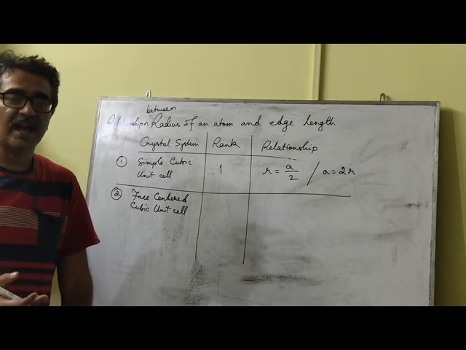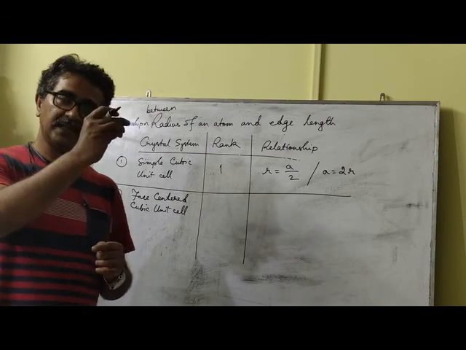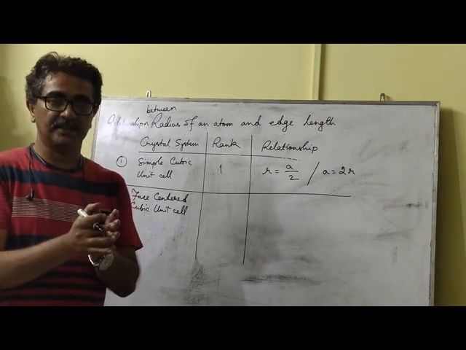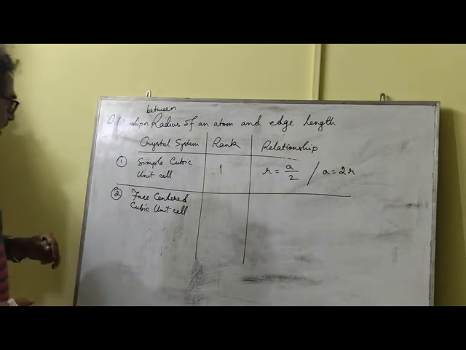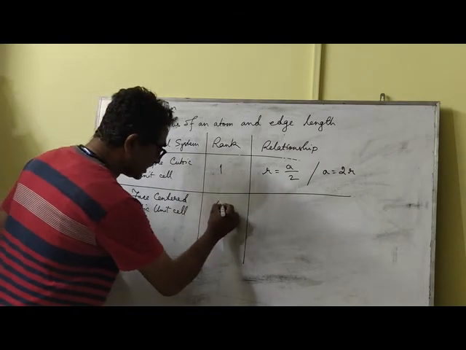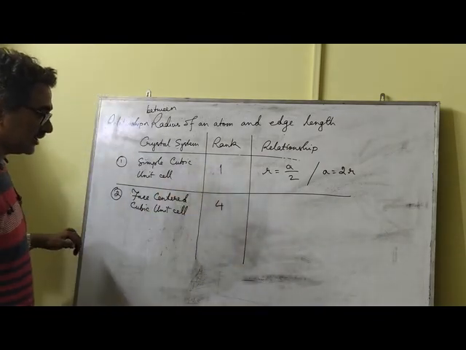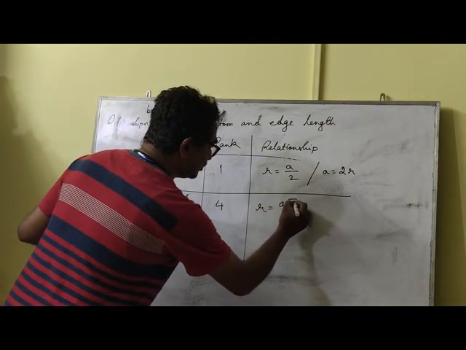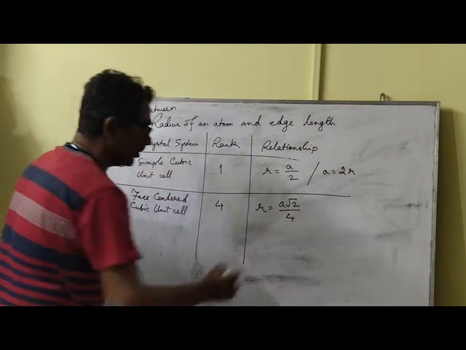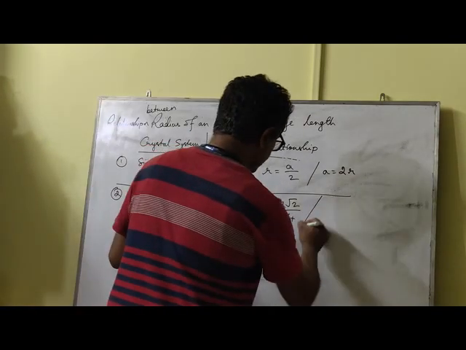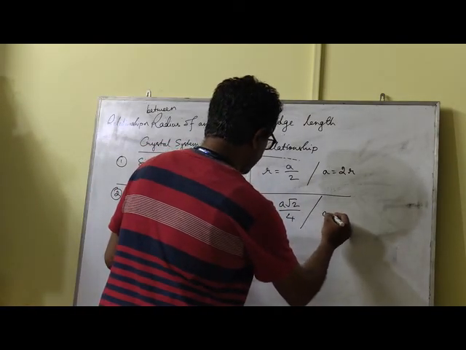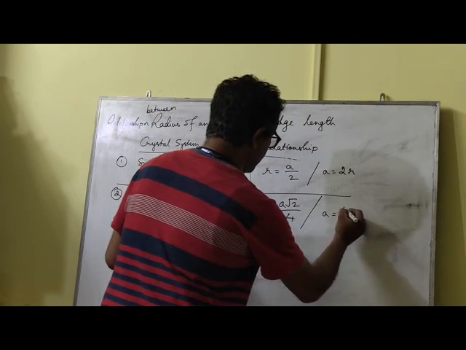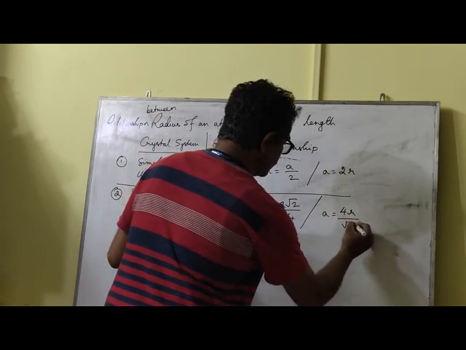Along with that, we have atoms on the different faces of the cubic unit cell. So here, the rank is 4. We have already studied this before. And the relationship is radius is equal to a root 2 by 4, or with respect to a, a is equal to 4r by root 2.